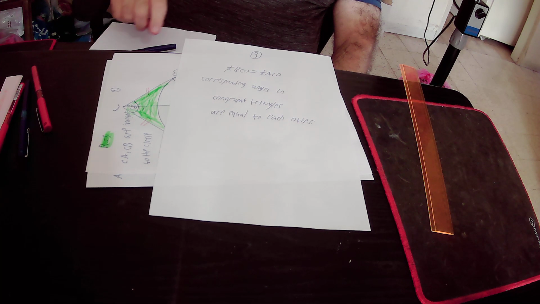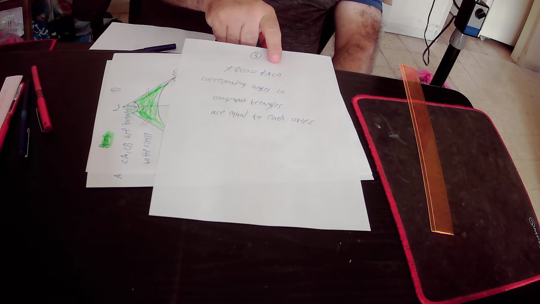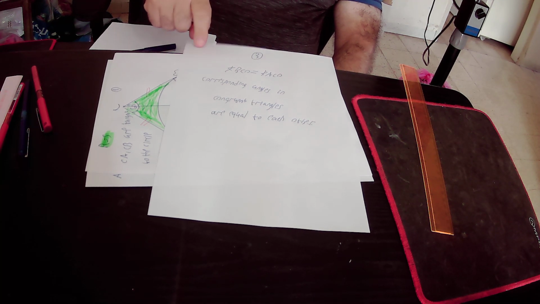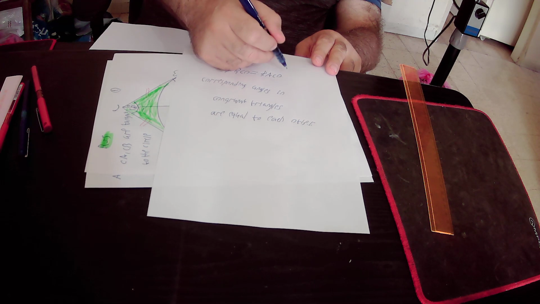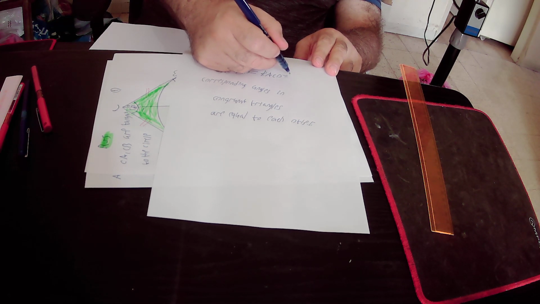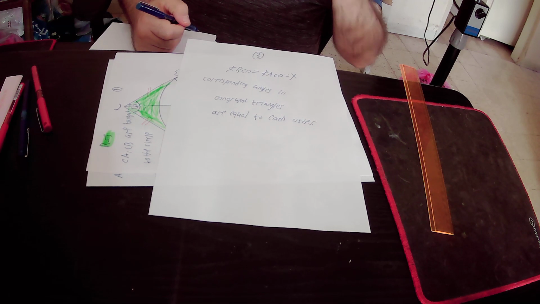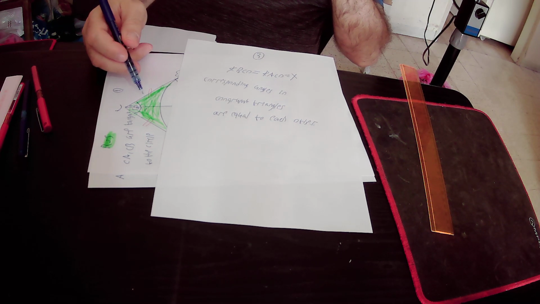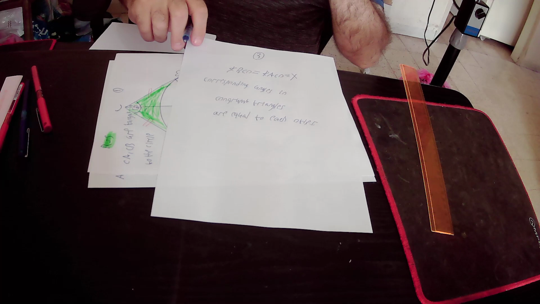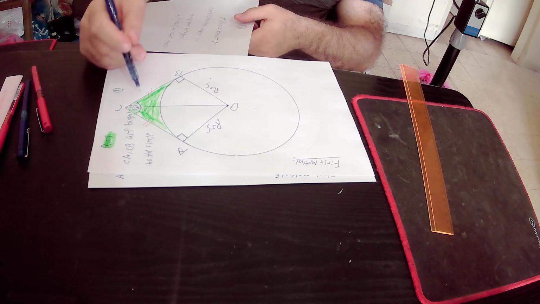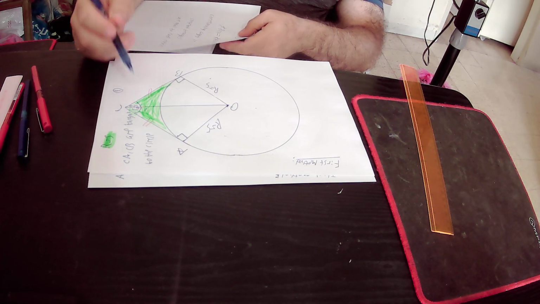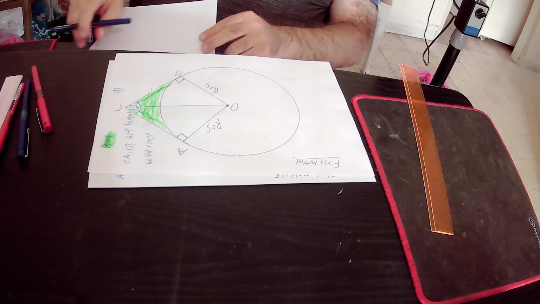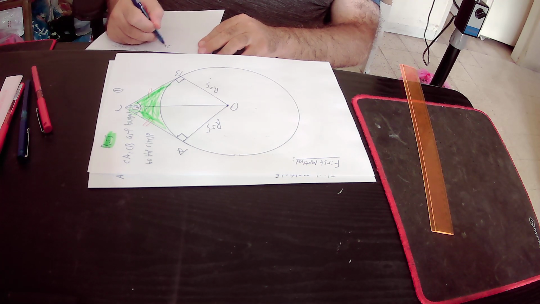So if we define angle ACO as x, then angle BCO will also be equal to x. And we know that x plus x equals 60 degrees. So 2x equals 60 degrees because angle BCA equals 60 degrees.